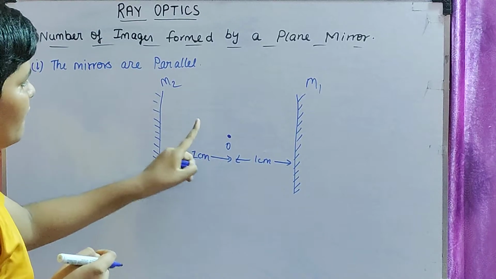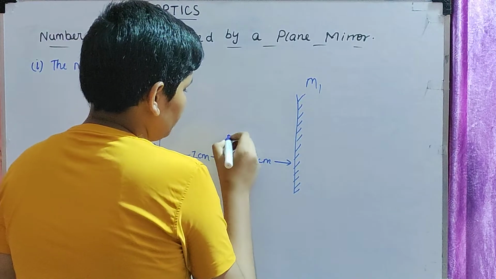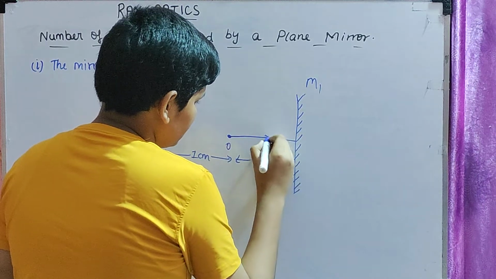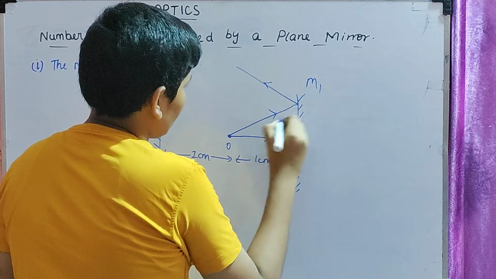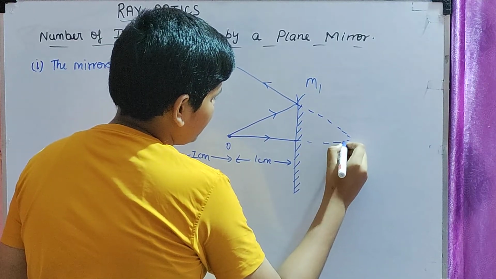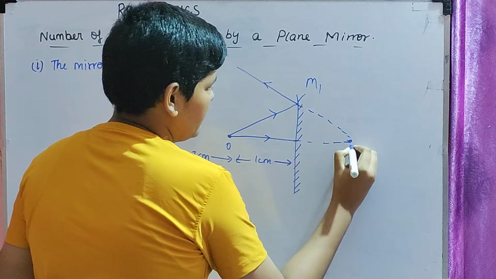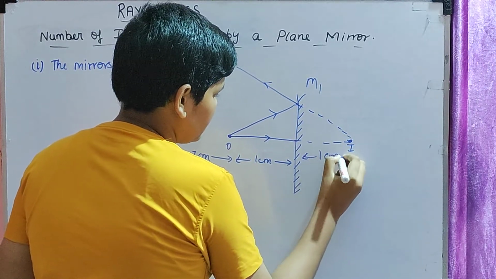So first, form the image of this object in the first mirror. What we do? We take one ray like this, second ray like this, which gets reflected. This one being produced backwards forms an image over here. Here is the image. Distance between these both is 1 centimeter.